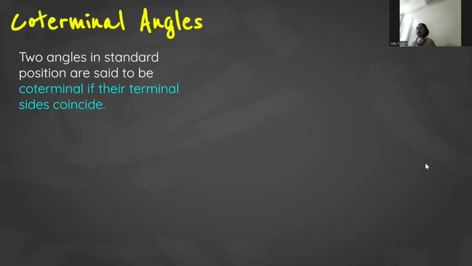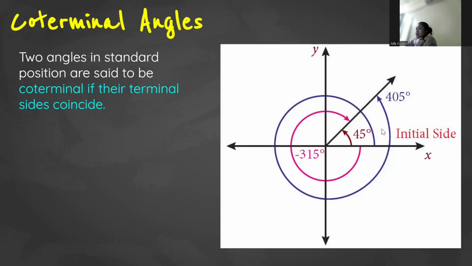Next is coterminal angles. When you say coterminal angles, those are two angles in standard position that are said to be coterminal if their terminal sides coincide. So kung ingon tag co-teachers, diba? Co-teachers, they are also teachers. Tag co-students, they are also students. Here in coterminal, they are also having the same terminal sides. So for example, in this illustration, we have here angle 45 degrees. In this angle, the terminal side is kani black. This is the terminal, this is our initial side.